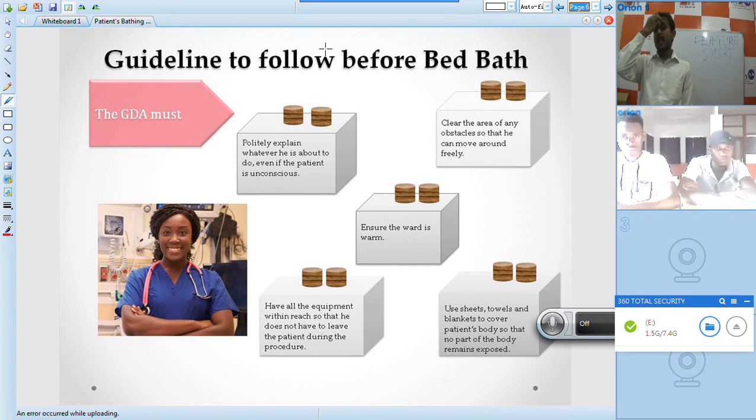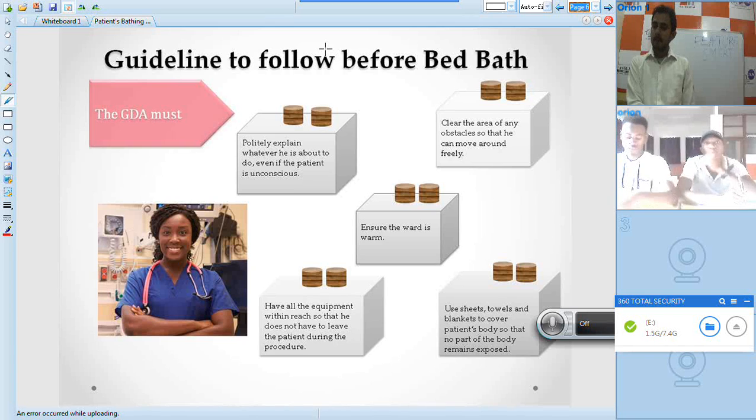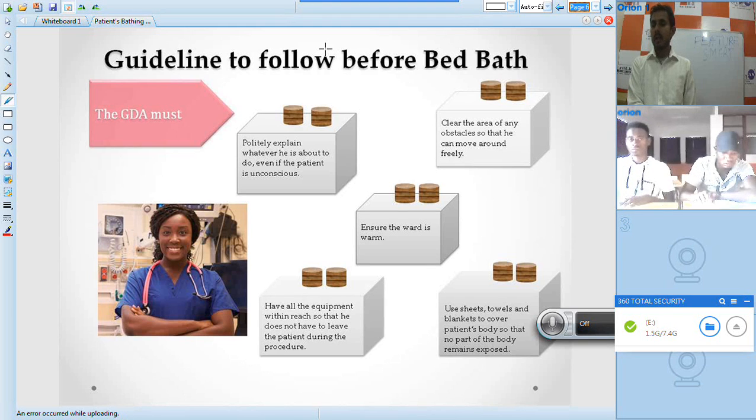There are some guidelines to follow before giving the bed bath. For GDA especially, you need to write down all these points. These guidelines are based on the bathing techniques or the process which were discussed in the previous slides.